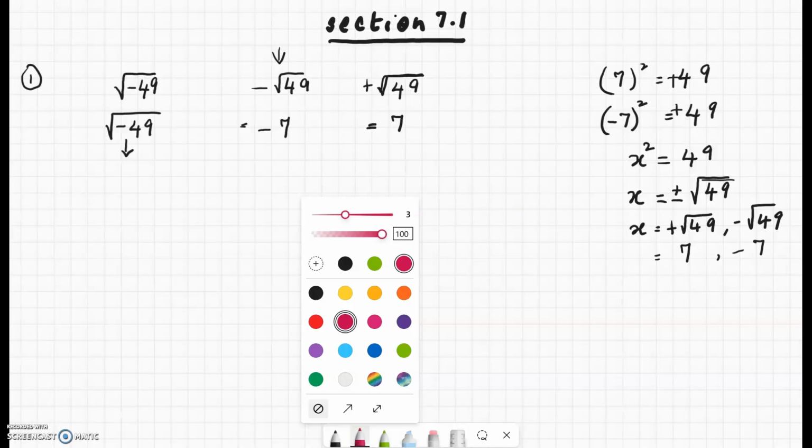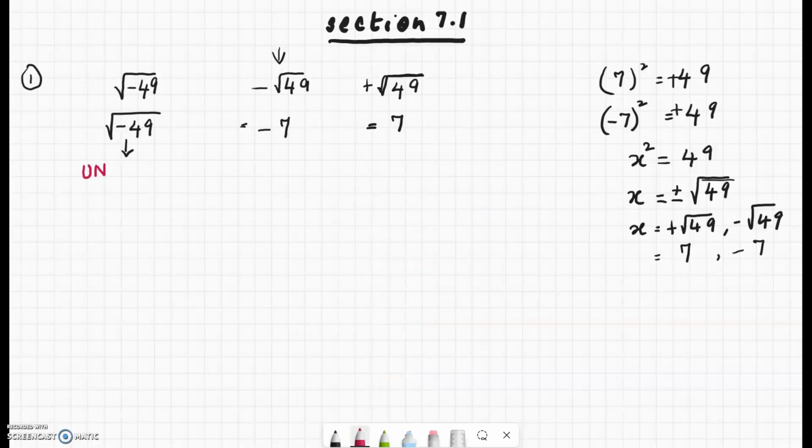The negative inside the radical sign tells you it is undefined. There's no such thing. And if you ever have any doubt, enter it into your calculator and see what you get. The negative cannot be under the radical sign if we're talking about the positive square root.